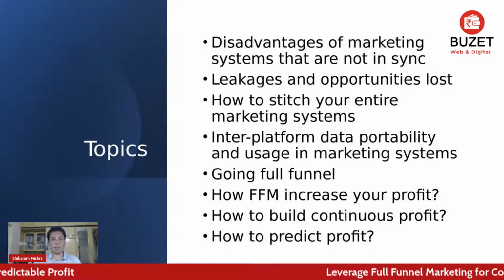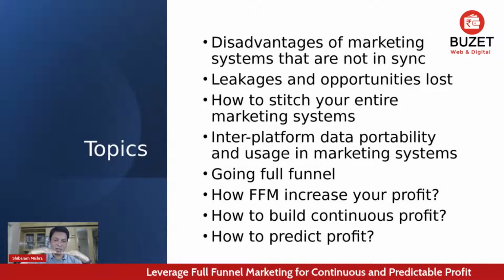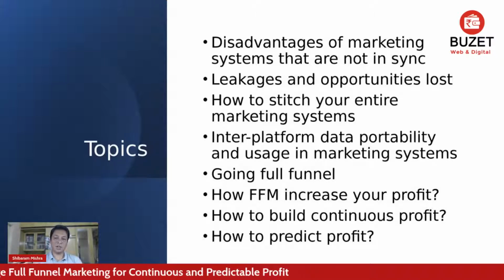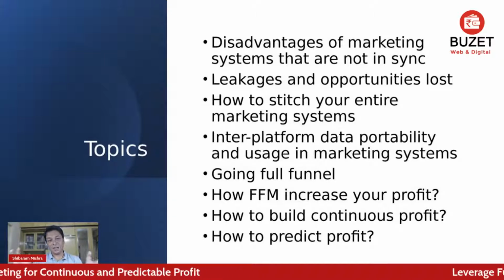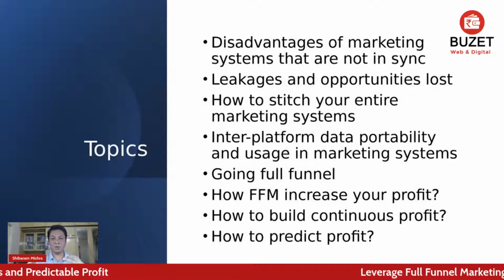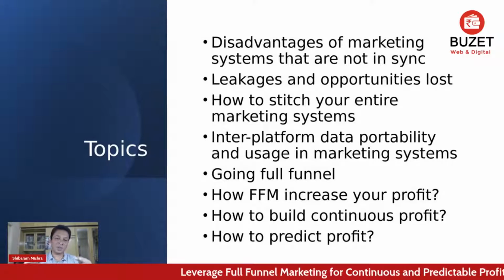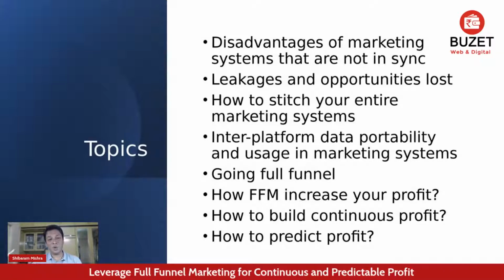So the topics are like this: disadvantages of marketing systems that are not in sync, they're not working together, leakages and the opportunities lost in the marketing systems. Then, if I'm telling about the problem, I should tell you how to fix it. So how to stitch your entire marketing system so that there are no leakages, there is no opportunity lost.